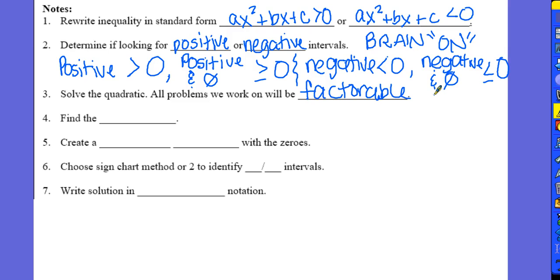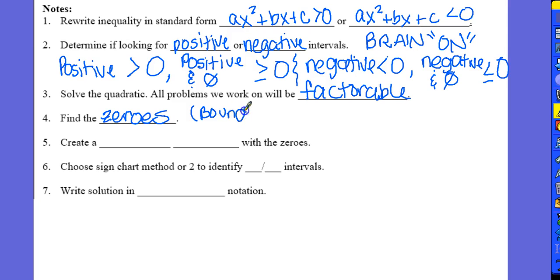When you get to pre-calc, it gets a little hairier, meaning a little more difficult to navigate, but most of the time they'll still be factorable. All right, then after we factor our quadratic, we're going to find the zeros, because we need to know what numbers are going to make our inequality equal to 0. They are our boundary numbers. Okay, so these are our boundary numbers.